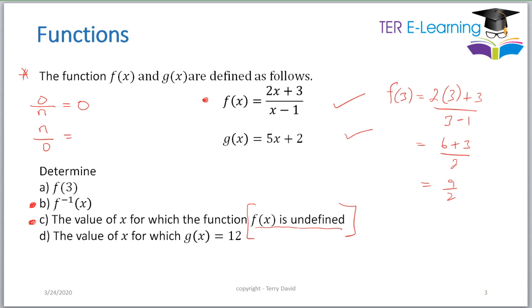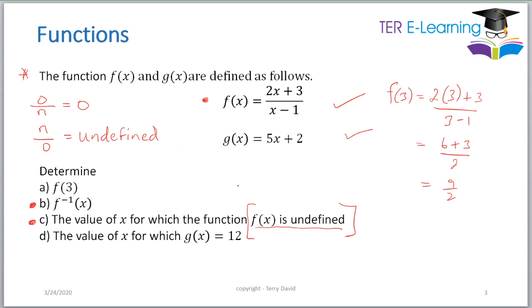Alright, so I'm seeing different answers. I'm seeing 0, I'm seeing n. So let me tell you one time. So n divided by 0, we cannot work that out, right? It is undefined. That's something you need to know. So a number divided by 0 is undefined.